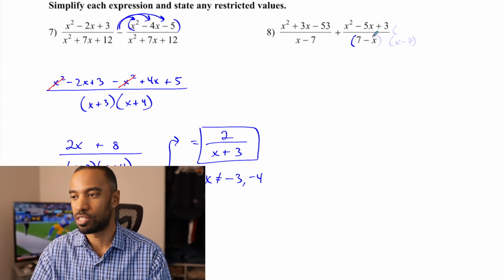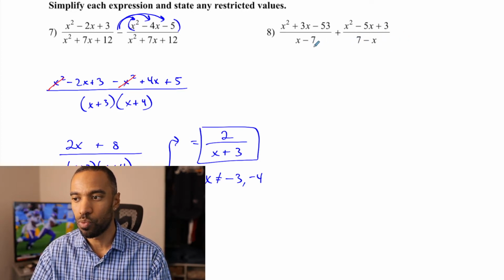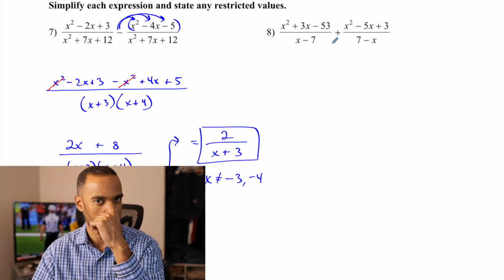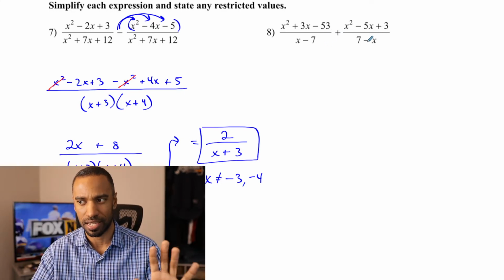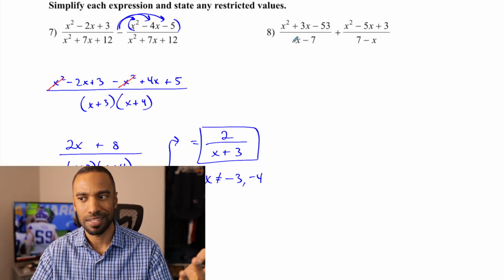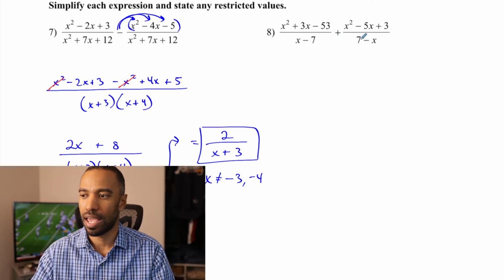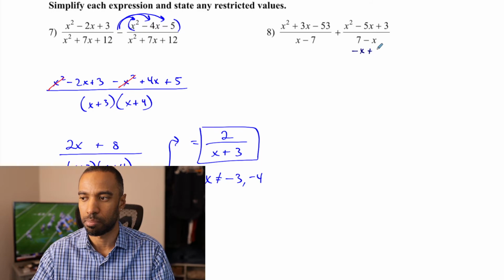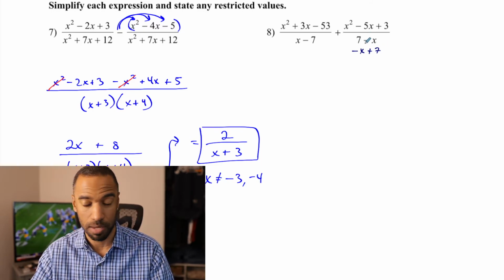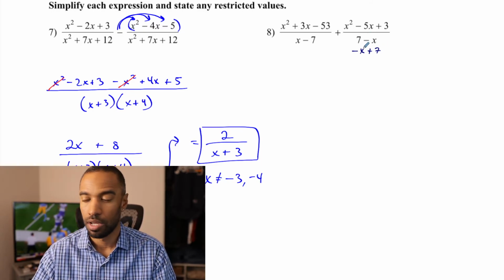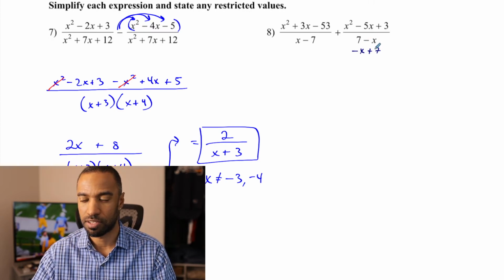If you notice, guys, this x minus 7 and 7 minus x really are like the x minus 2 and 2 minus x thing in that other problem. 7 minus x really is just the opposite of x minus 7, in such a way that if I went ahead and rewrote this as negative x plus 7, which is the exact same thing. I changed nothing but the order. The x is still negative, 7 is still positive.